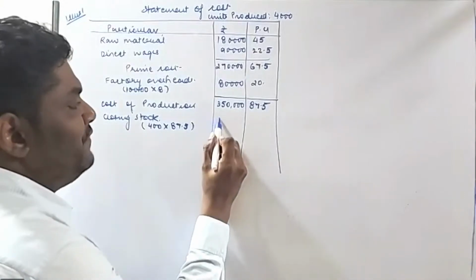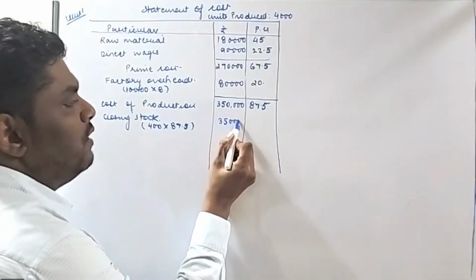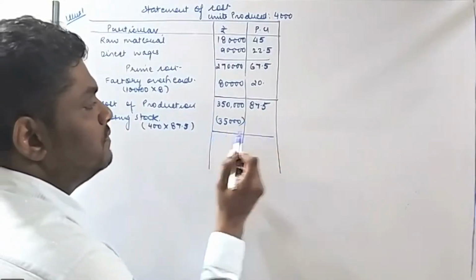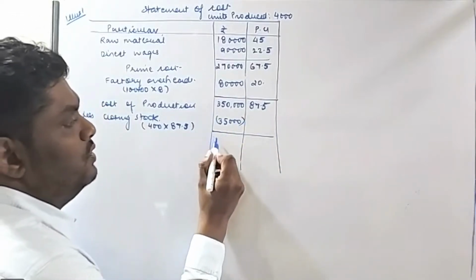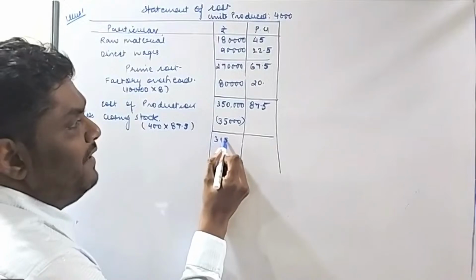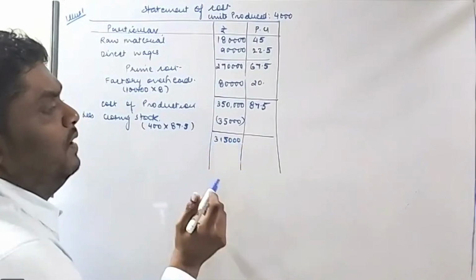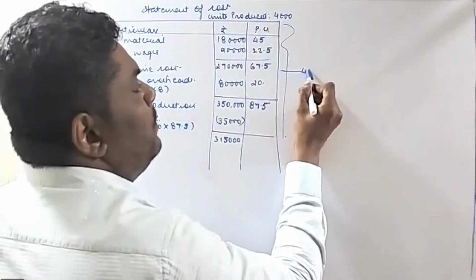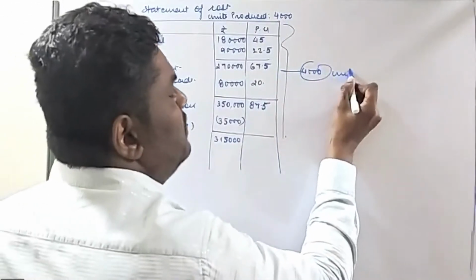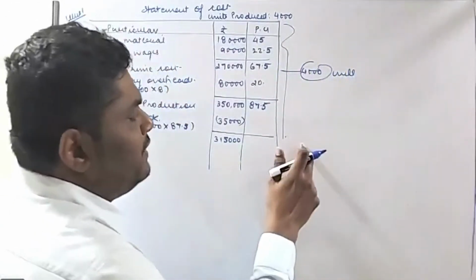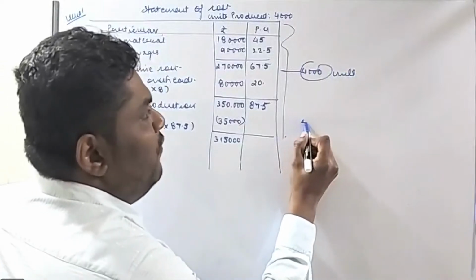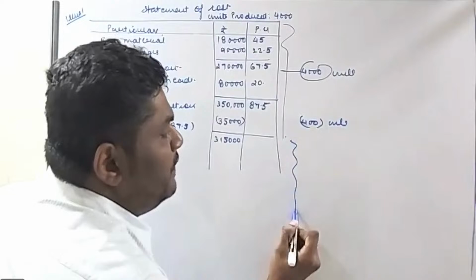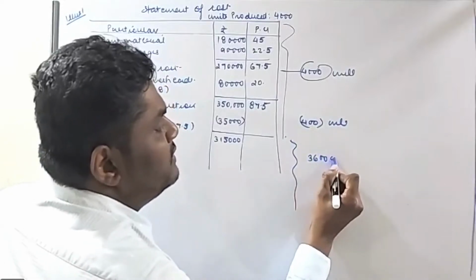So 35,000 will be my closing stock. So we will be left out with 3,15,000. Now, till here, we were talking about production, that is 4,000 units. Now, of these 4,000 units, 400 units are deducted. So we are left out with only 3,600 units.